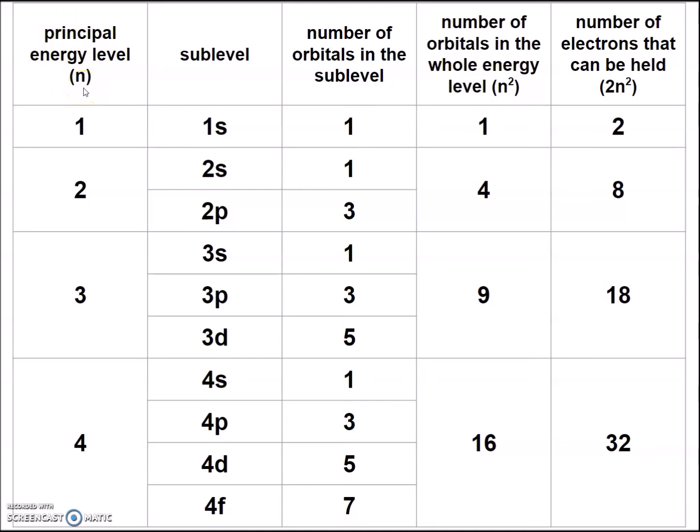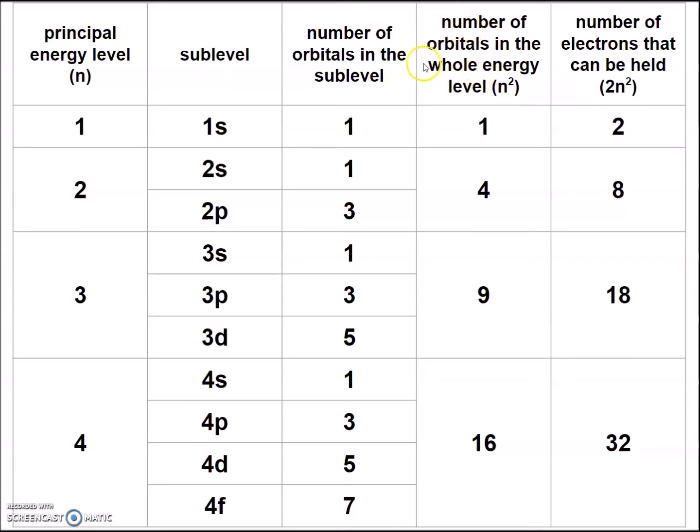Remember from the Bohr model of the atom, n equals 1 is the first ring around the nucleus, and n equals 2 is the second ring. This is the same thing. Within the principal energy level, there are sublevels whose names we've listed here. And within the sublevel, there's a certain number of orbitals that's characteristic of the type of sublevel.